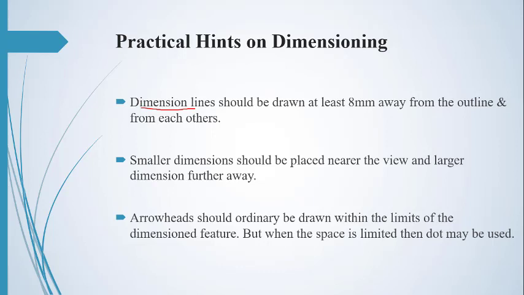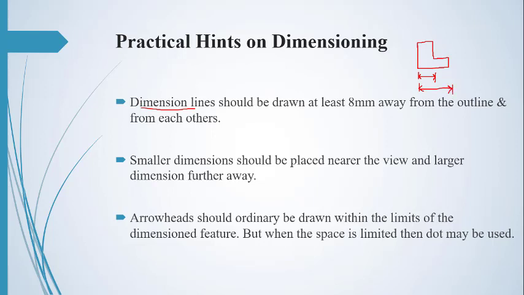For example, if we have an object like this one and we want to show the dimension, so for giving dimension we will draw two lines, dimension line 1 and dimension line 2.